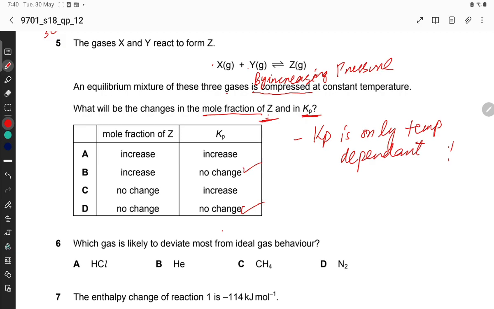Now the number of moles of reactant is 2. This is 1 mole, this is 1 mole, this is 2 moles, and this is 1 mole.